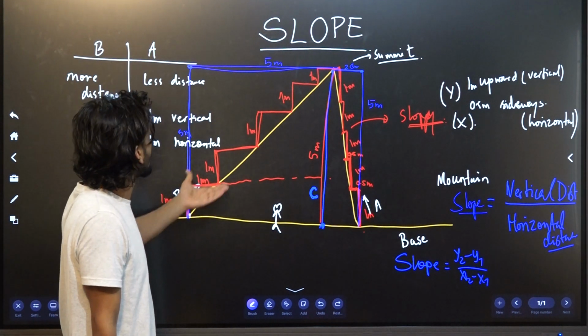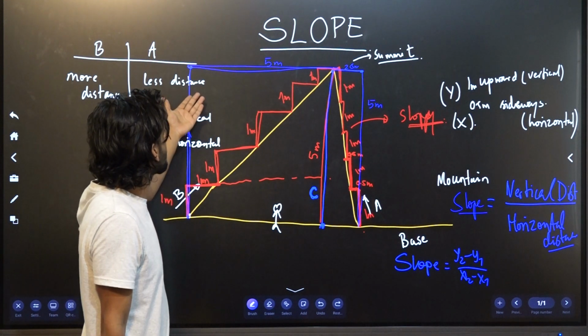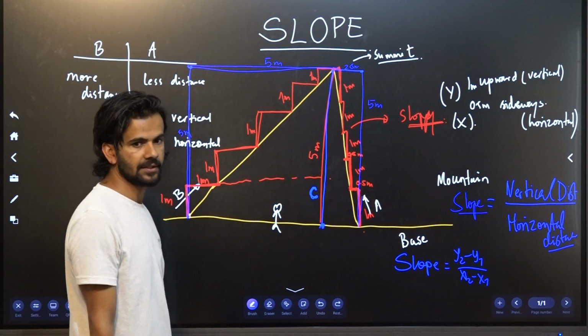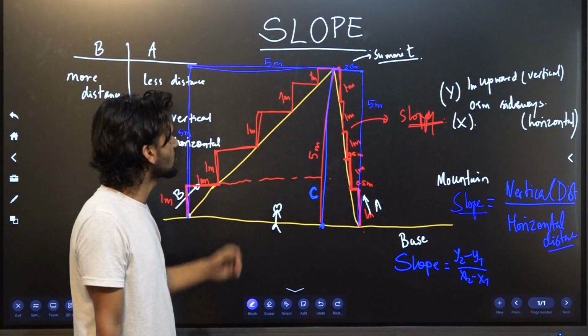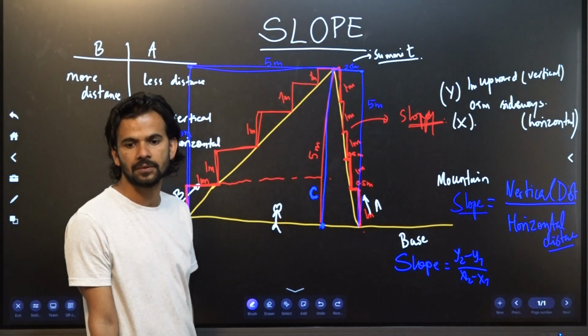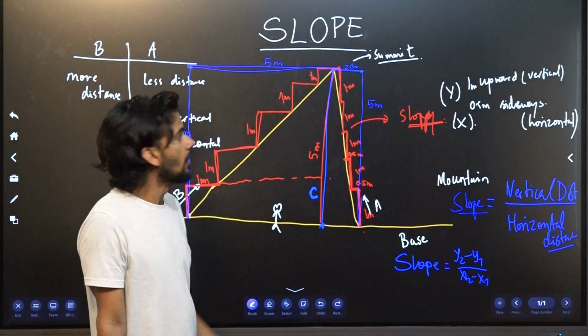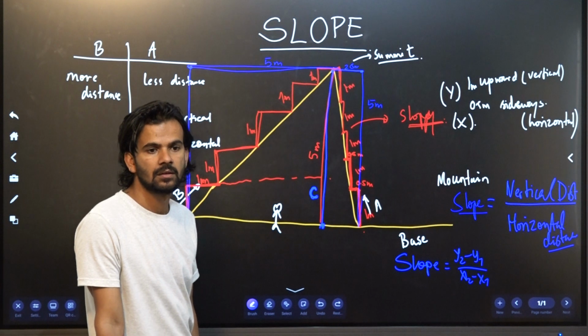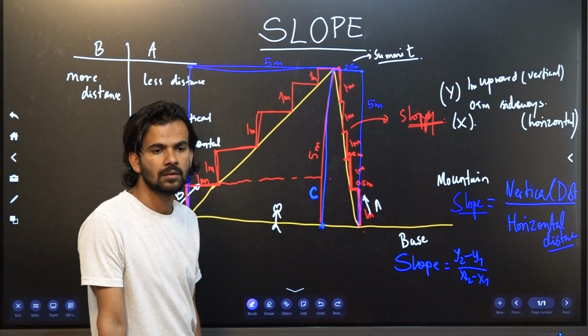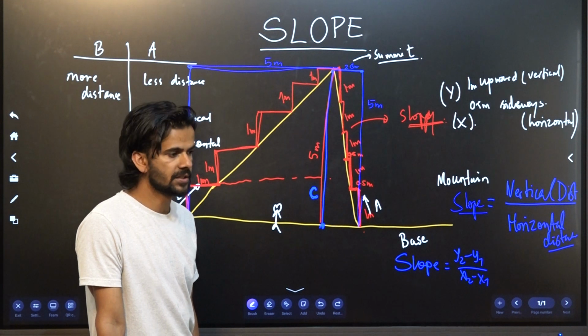In path B, you are covering 5 meters of horizontal distance while covering 5 meters of vertical distance. Similarly, path A, you are covering 5 meters of vertical distance while you are covering 2.5 meters of horizontal distance. What about this case? Case number C. What's happening?